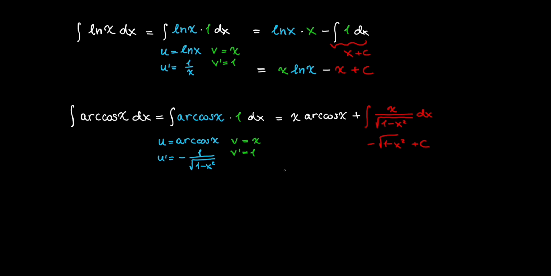So that means the final answer for the integral of the arc cosine function is going to be x times arc cosine of x minus the square root of 1 minus x squared plus c. And this right here, ladies and gentlemen, is the answer to our integral.